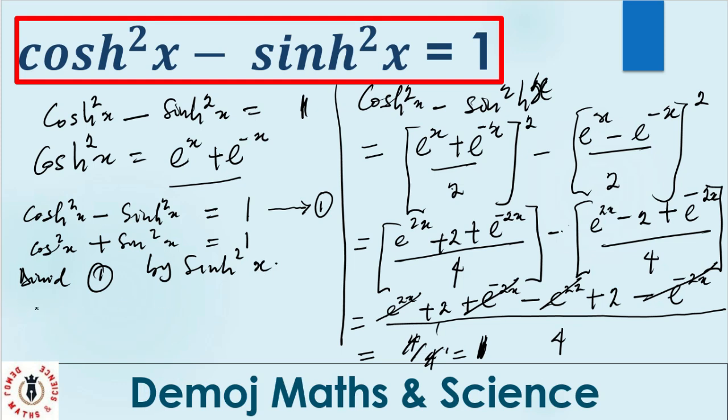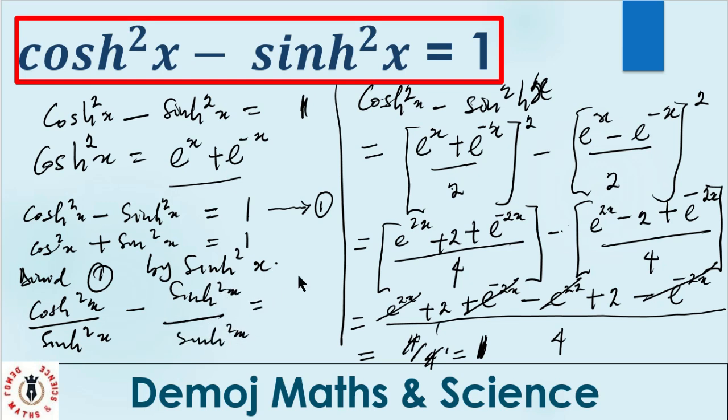So that this will become cosh squared x over sinh squared x minus sinh squared x over sinh squared x equals 1 over sinh squared x.